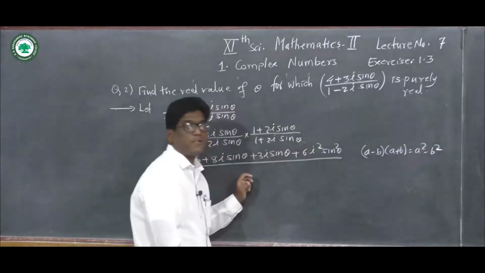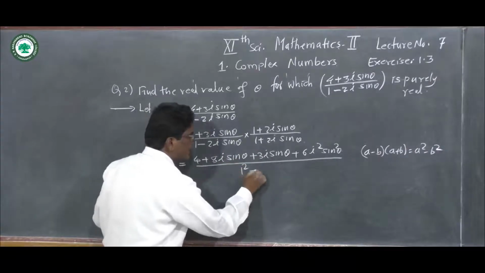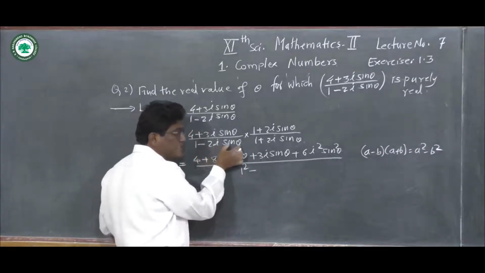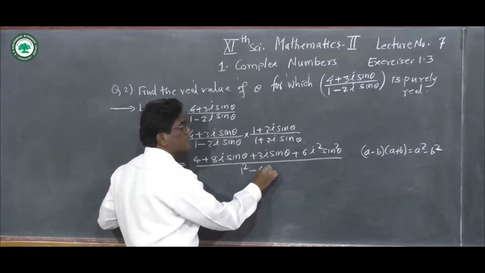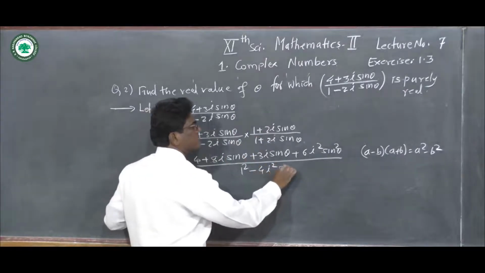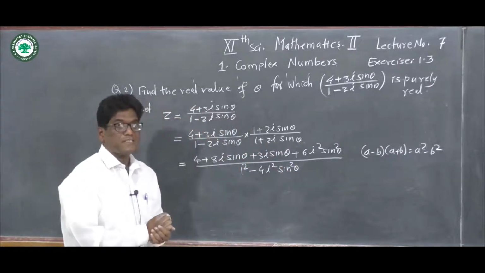We know this formula. So a is here 1, so 1 square minus b square. b means 2i sin theta. Take its square: 2 square is 4, i square and sin square theta, using the formula a square minus b square.